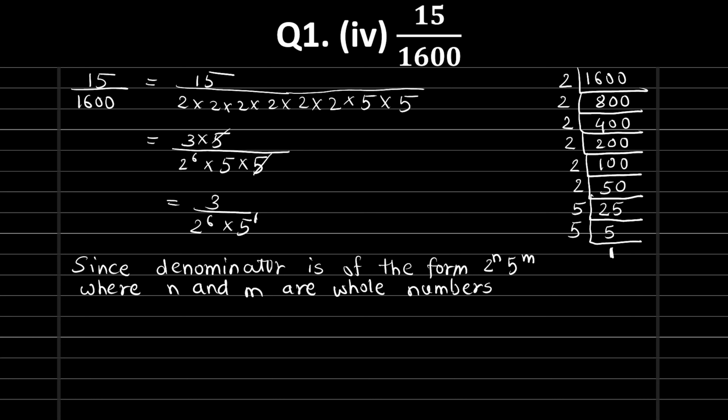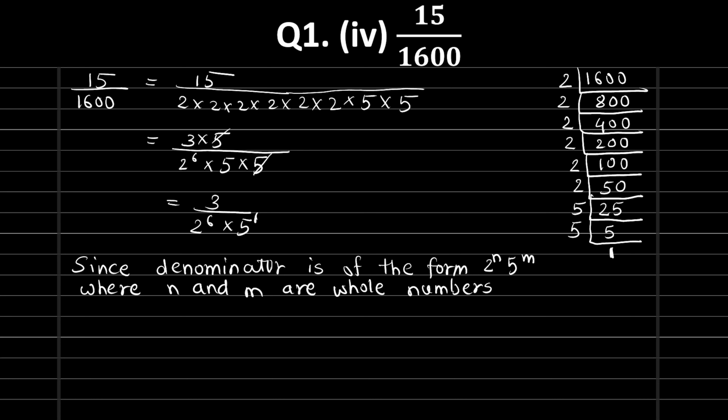So the prime factorization of 1600, on simplifying it, we got, is definitely of the form 2 raised to n into 5 raised to m, where n is 6 and m is 1, both of them are whole numbers.